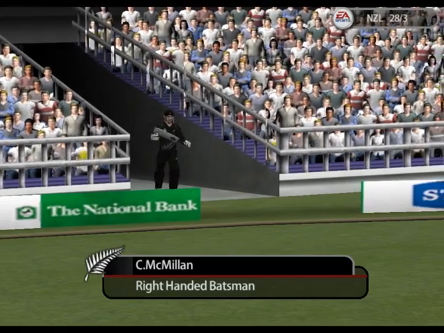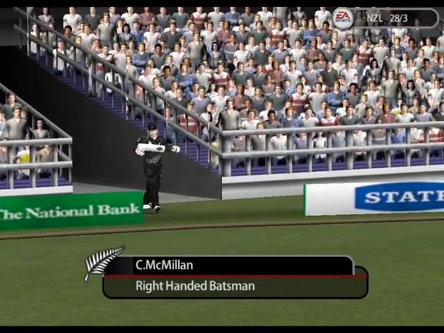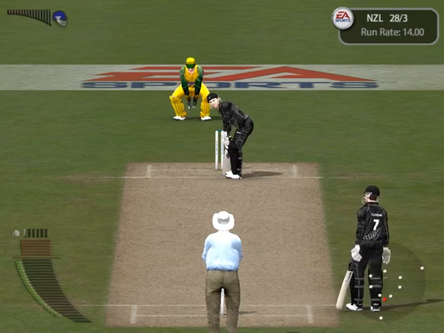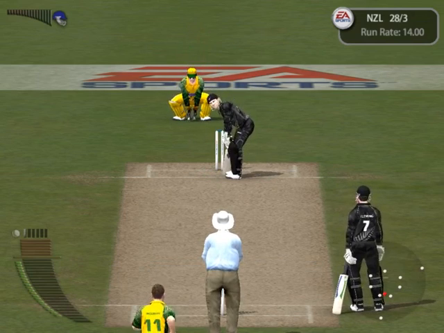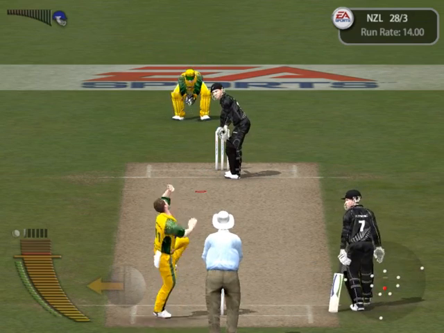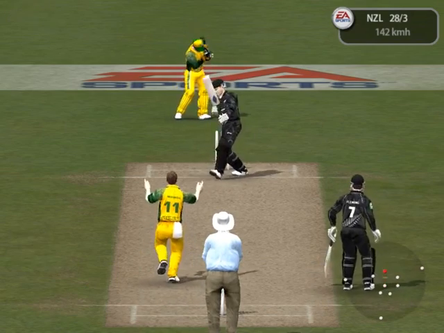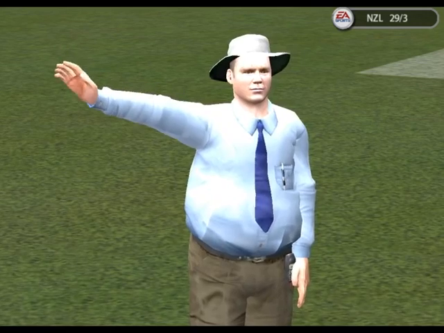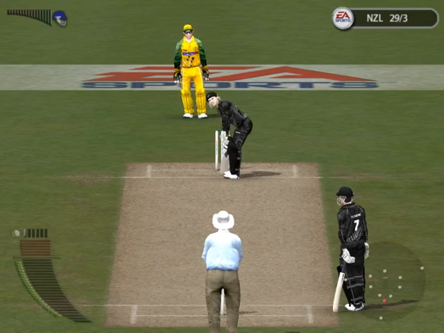The next man in is McMillan. McMillan facing. That was a no ball by McGrath. There's the umpire signal, no ball. McGrath to McMillan.